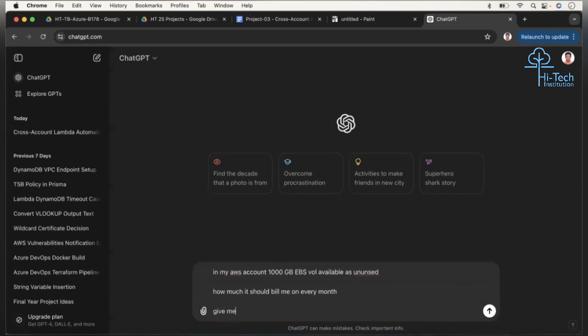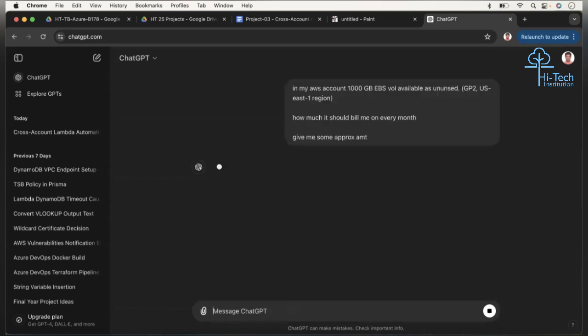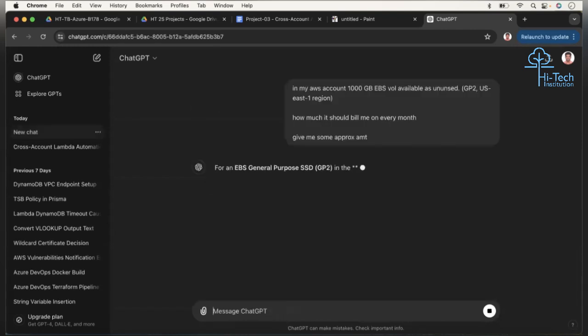Give me some approximate amount. Those volumes are going to be GP2 volumes in the US East 1 region. Let's see how much it gives for 1 month.